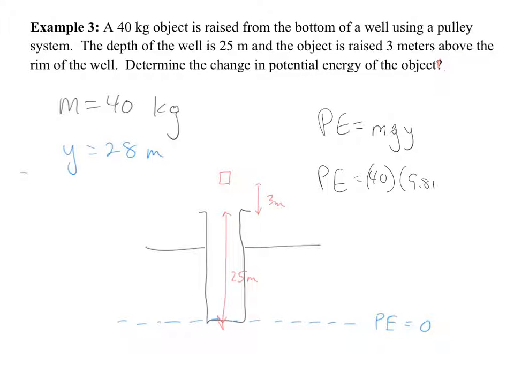Mass times gravity times 28. It's always going to be the same approach as far as the formula is concerned. It's always going to be mgy, and y is always going to be the change in height.